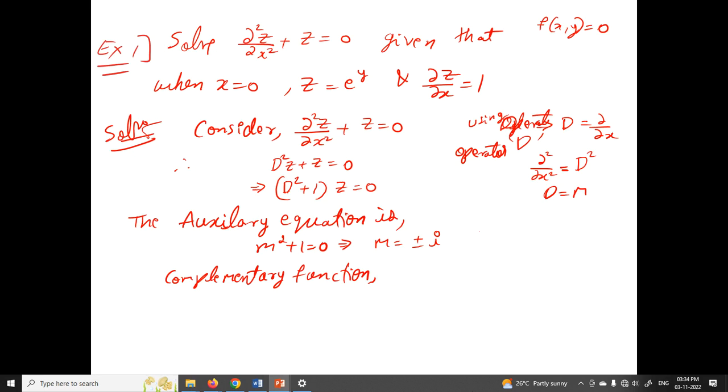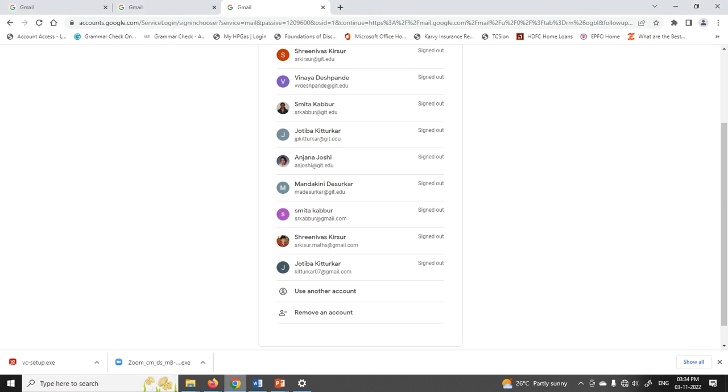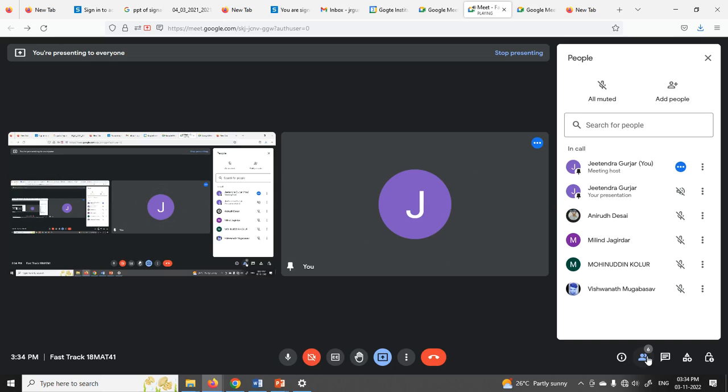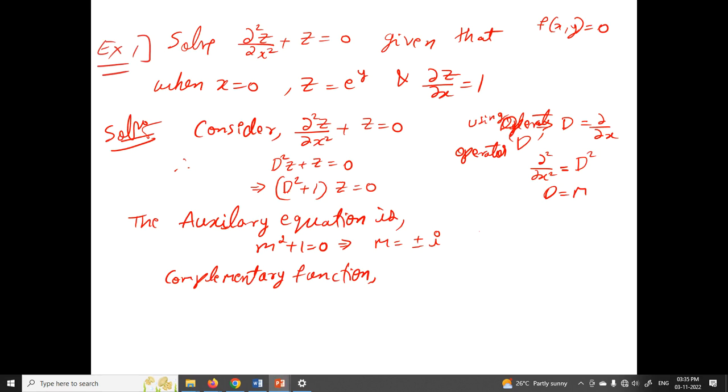Yes, can anybody tell me? Anirudh, Milend, Vishwajit, which function should I take in this complementary function?